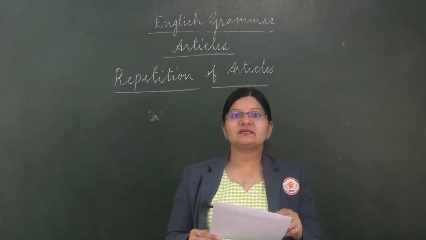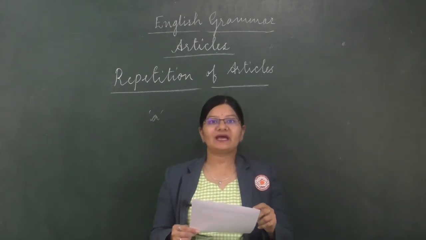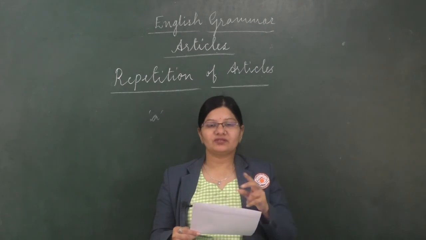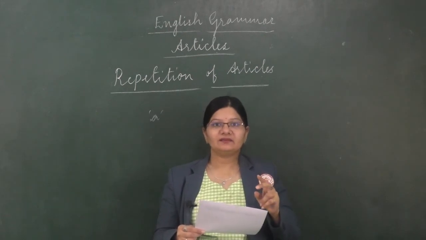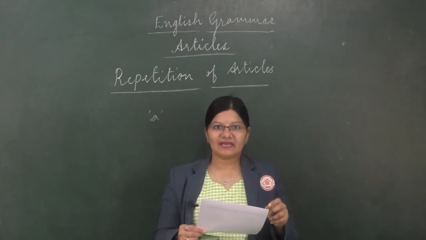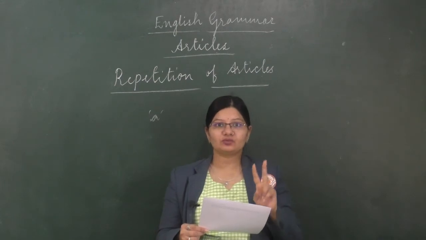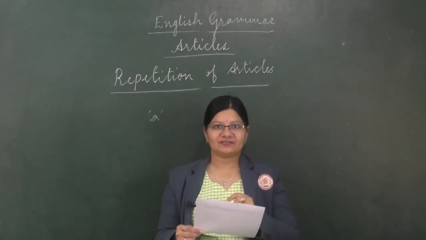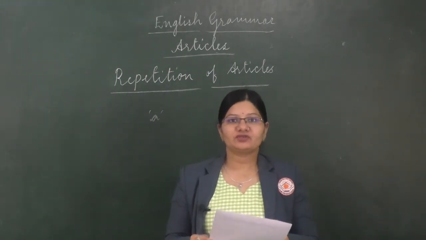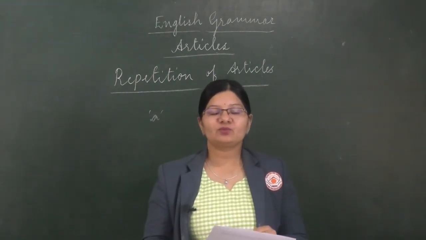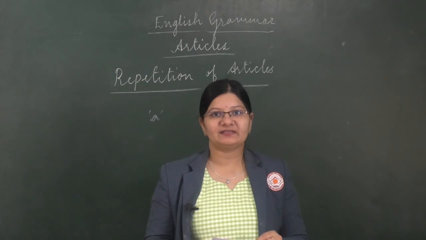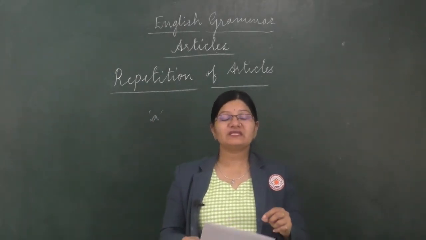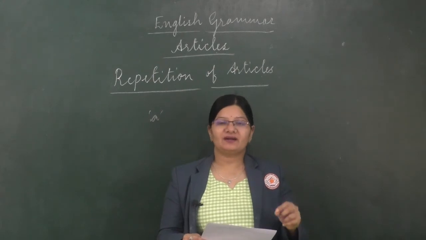It means that the child Sumit has a black cat as well as a white cat. So here, we are writing two articles for the two adjectives. I hope you understood this rule. Next, let's move on to the omission of the articles. We will see in which scenarios we can omit the articles.